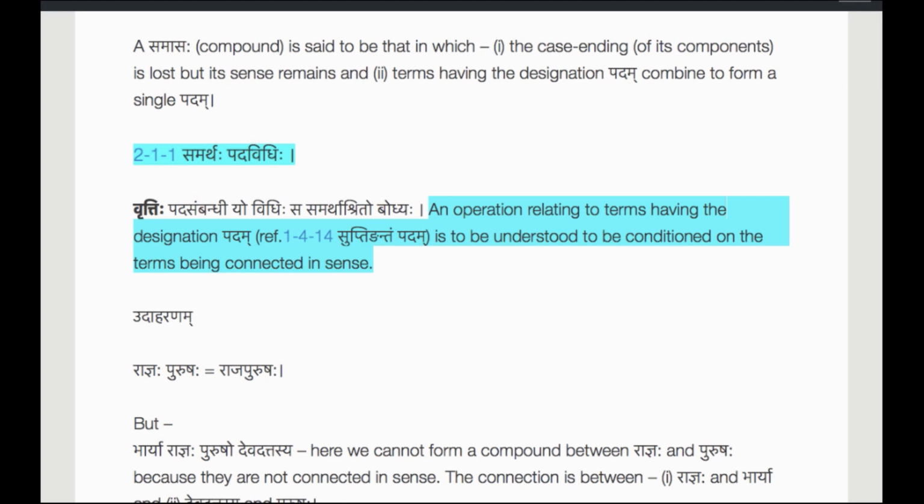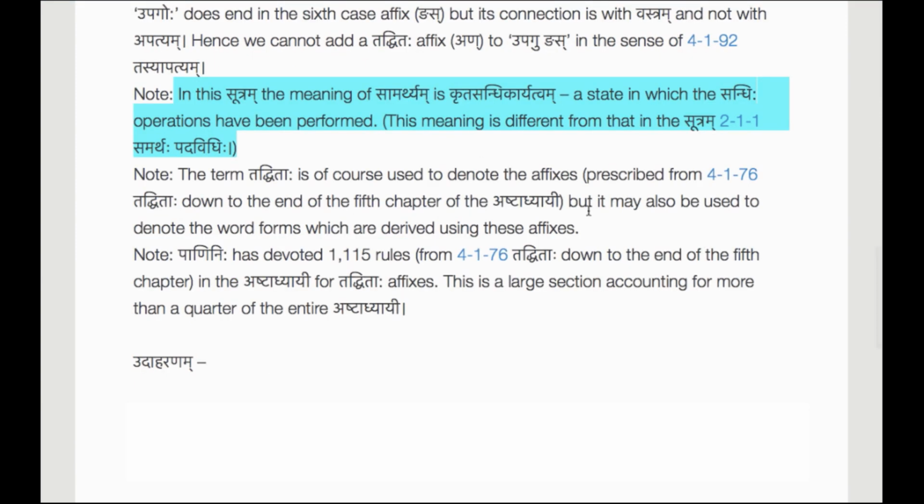Here in the sutram samarthanam prathamadva, samarthyam means kritasandhi karyatvam, which means that the internal sandhi operations within the padam have to be performed first before we bring in the tadhita affix.